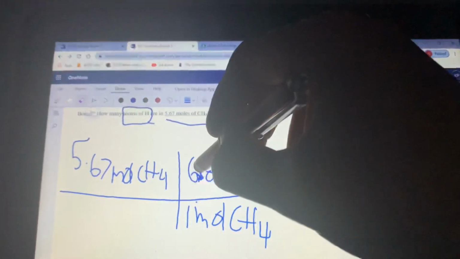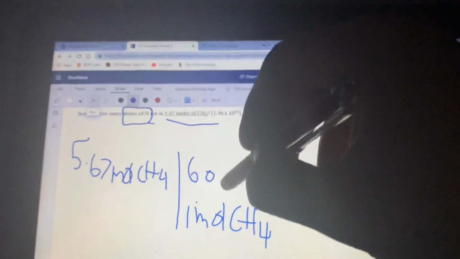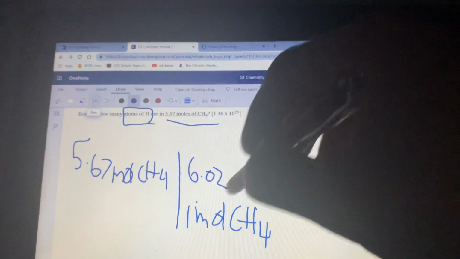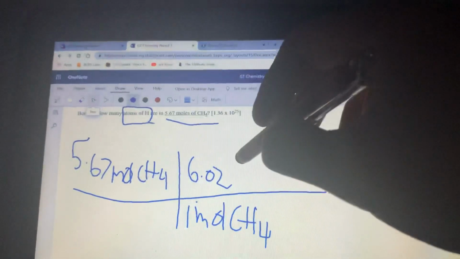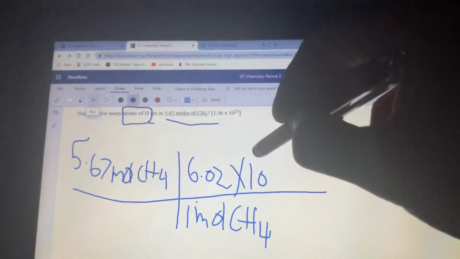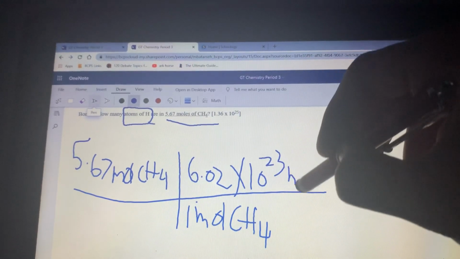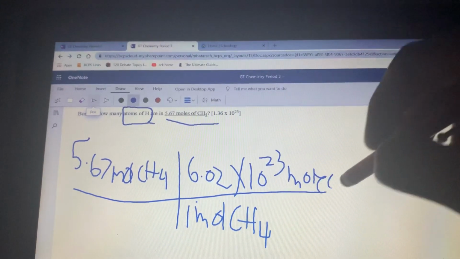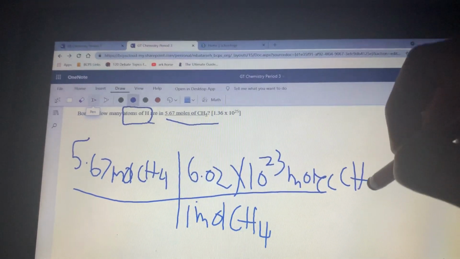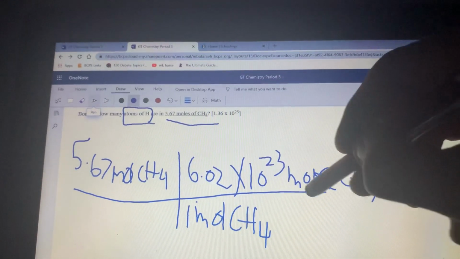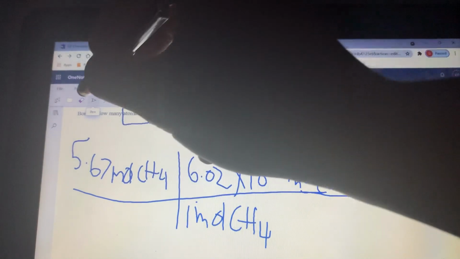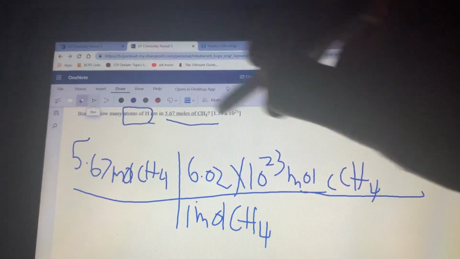Let's just rewrite that. 6.02 times 10 to the 23rd molecules CH4.